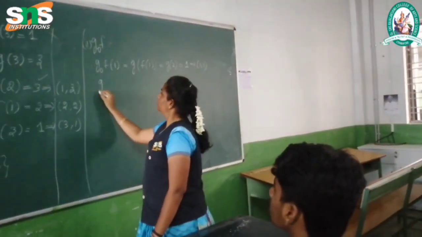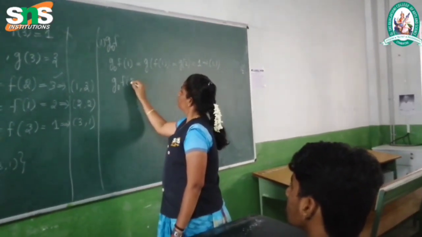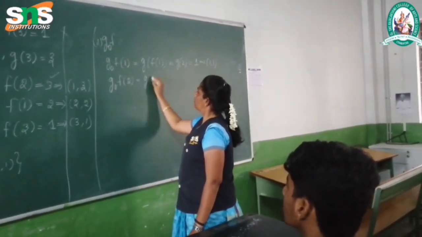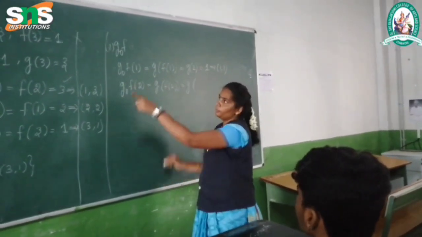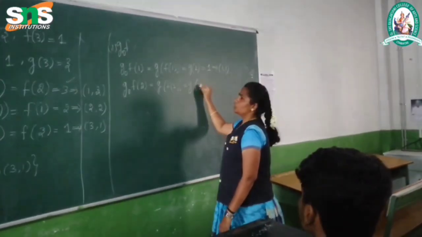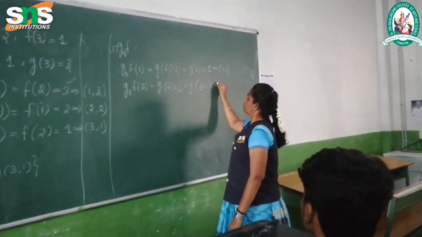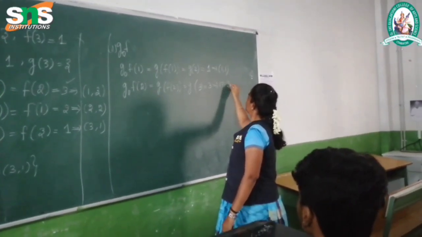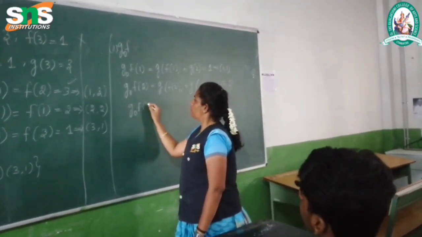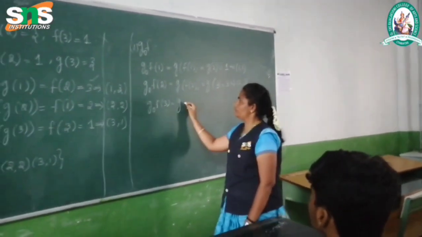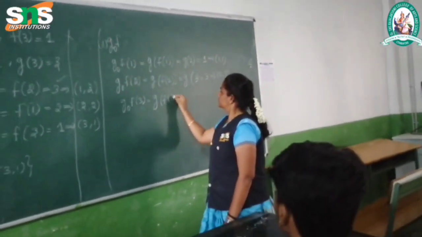And my second value, g composition f of 2 is equal to g of f of 2. The value of f of 2 is 3. g of 3 is equal to 3, which implies my answer is (2,3). My third value, g composition f of 3 is equal to g of f of 3.